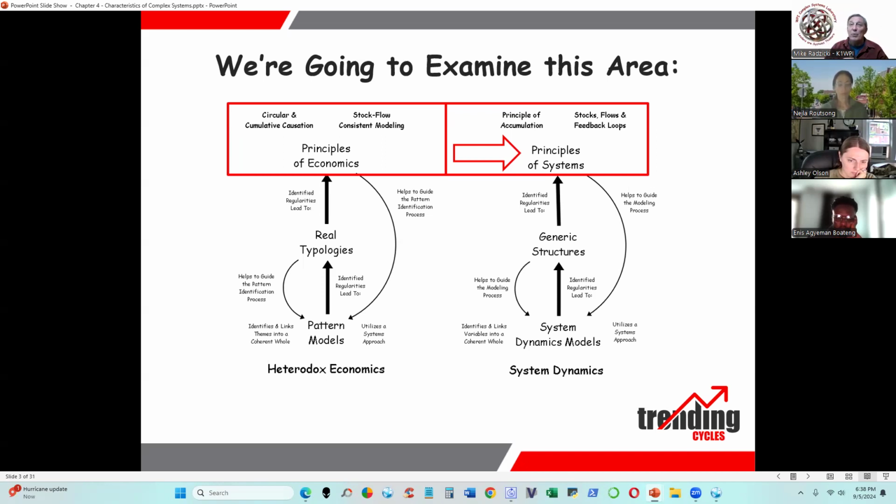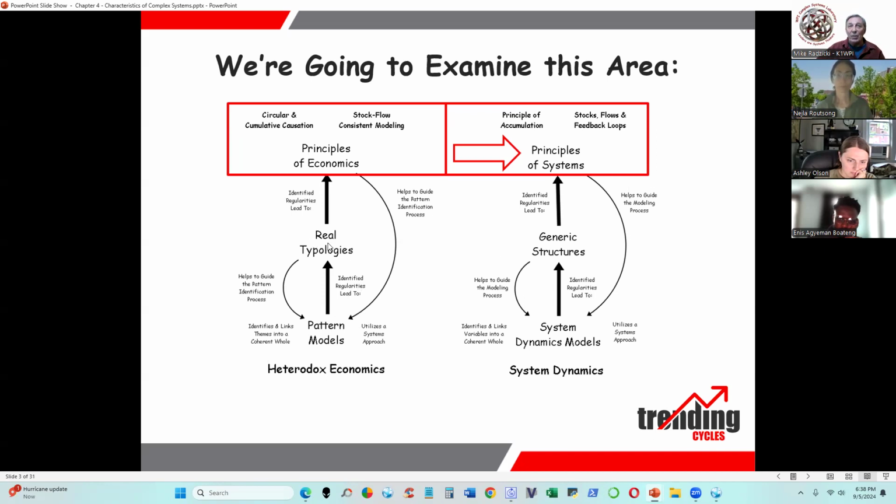They come armed with what are called real typologies, or regularities among different patterns. Over time, after many crime scenes, you find regularities, and those are called real typologies. In system dynamics, we call those generic structures, okay?